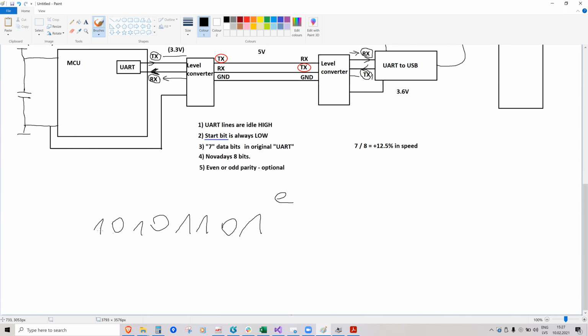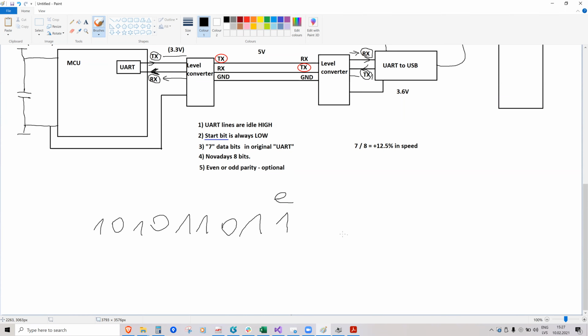I count the number of ones: 1, 2, 3, 4, 5. So 5 ones. Since I need an even number of ones, but I have an odd number, I need to add 1 to make the total number of ones even. Even number divides by 2. So 1, 2, 3, 4, 5, 6. Now I have an even number of ones.